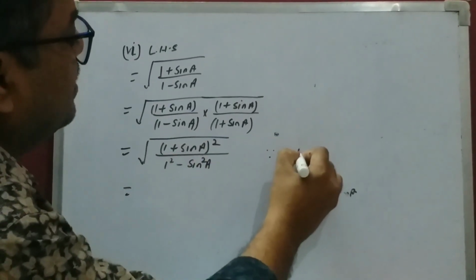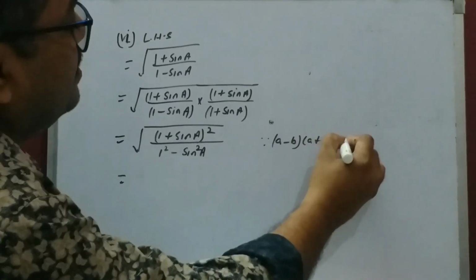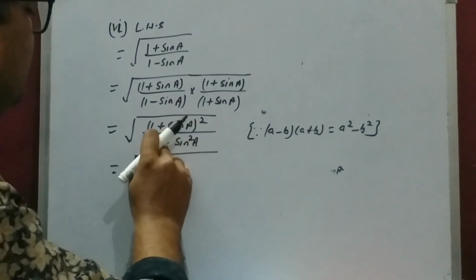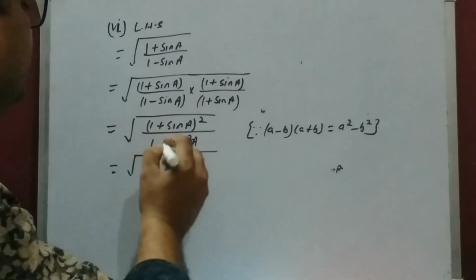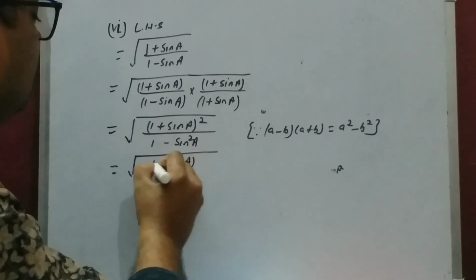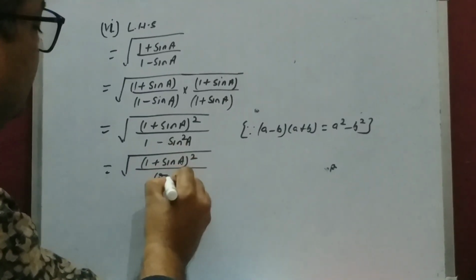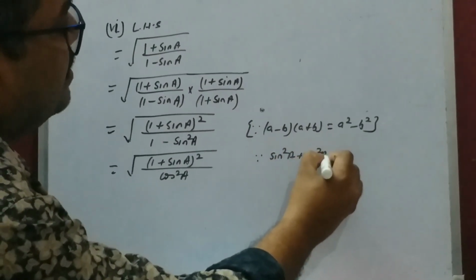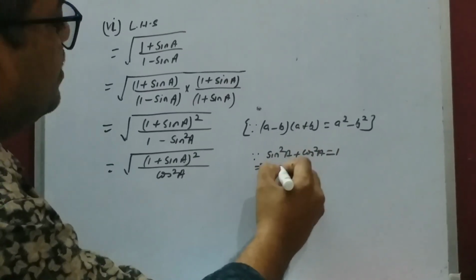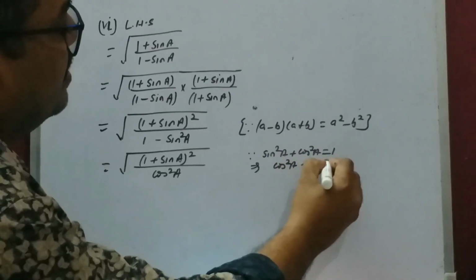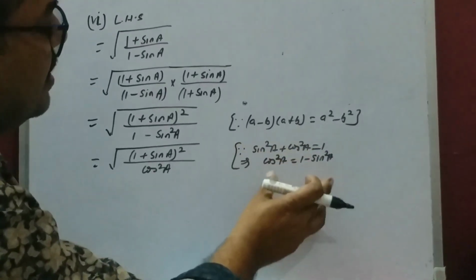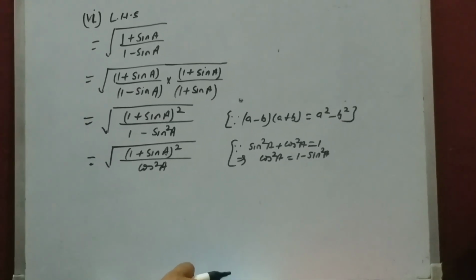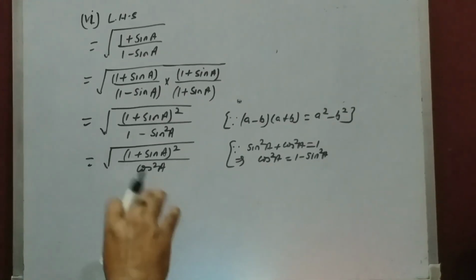Since A minus B into A plus B is equal to A square minus B square, it is not necessary to write 1 square here, and it becomes (1 plus sin A) whole square upon cos square A. Since sin square A plus cos square A is equal to 1, this implies that cos square A equals 1 minus sin square A. These formulas are explained in my previous videos, which were posted in the previous year.